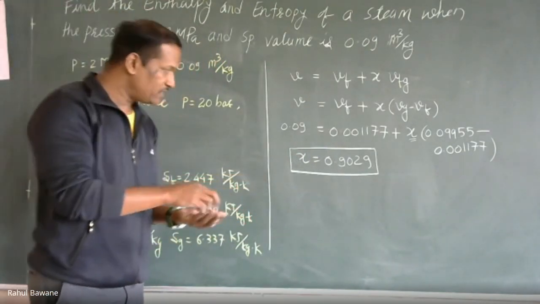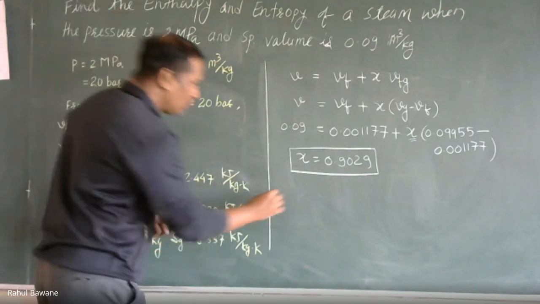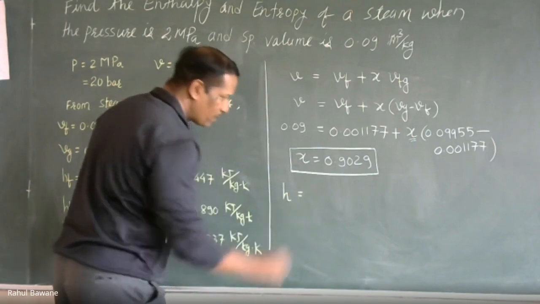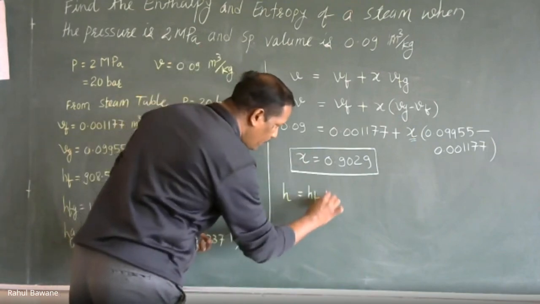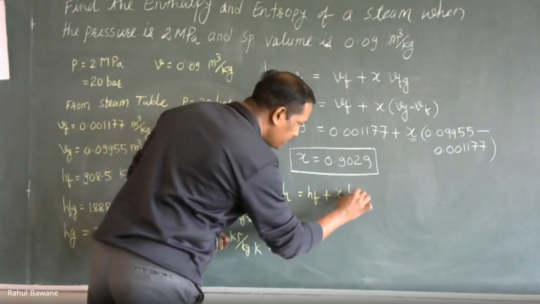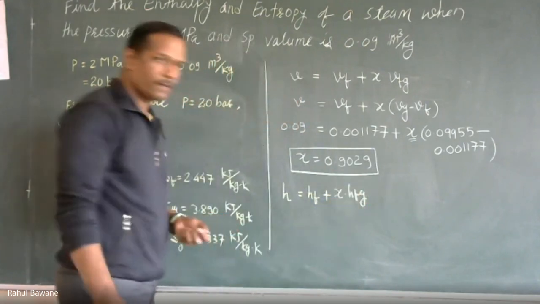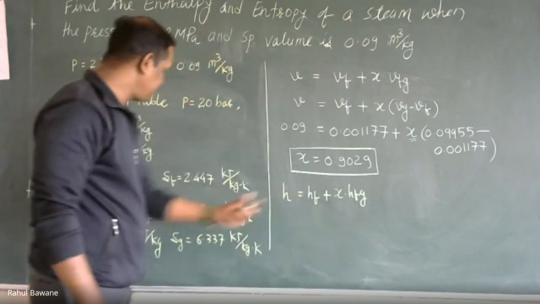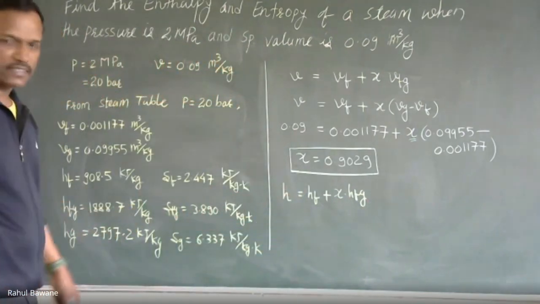Now, the final answer, enthalpy. The enthalpy H of this steam is HF plus, as it is wet steam, X into HFG. You may use Hg minus Hf also, but the HFG value is already there, so we will take that.